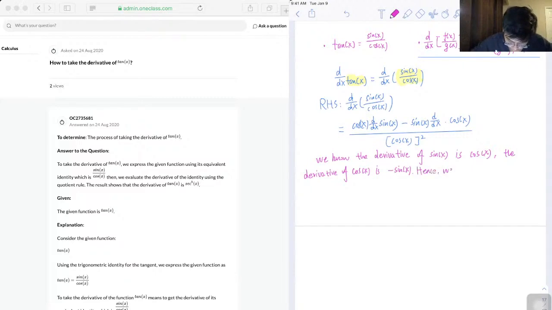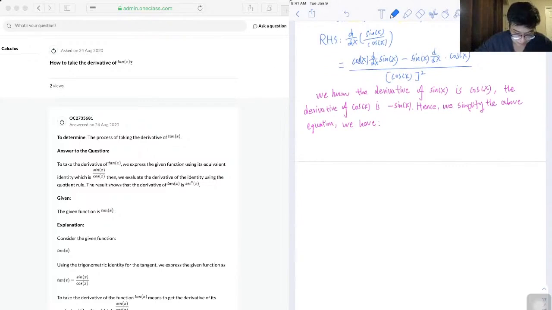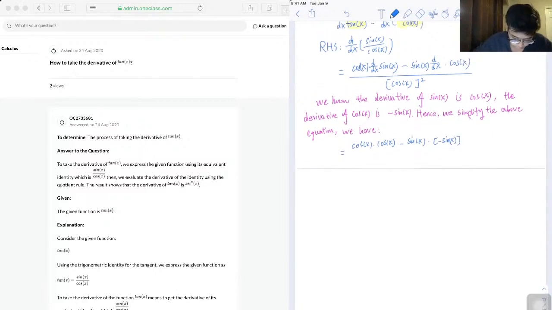Hence, we simplify the above equation. We have cosine x times cosine x, minus sine x times negative sine x, over cosine x squared, right?